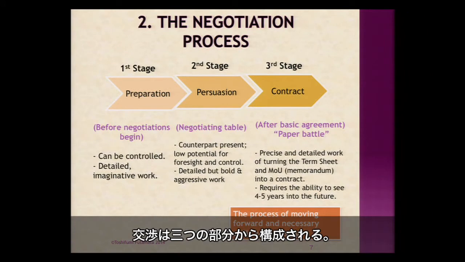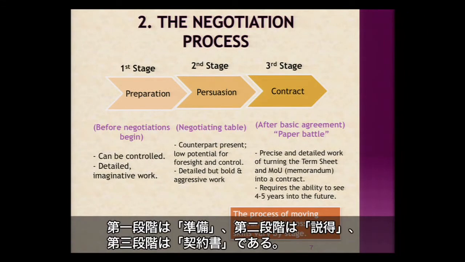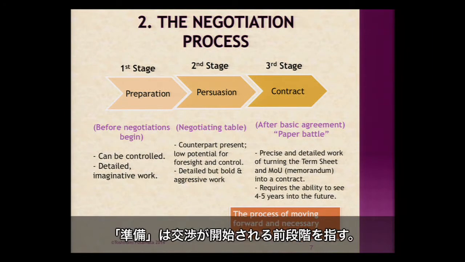Next, we see the basic structure of negotiation. Negotiation consists of three stages. The first stage is preparation. The second stage is persuasion, and the third stage is contract. The preparation stage comes before negotiation begins.